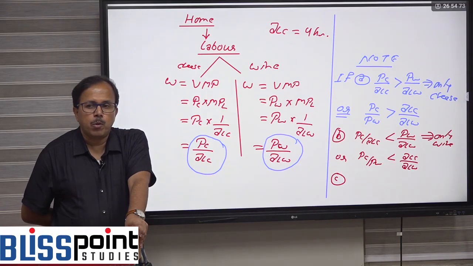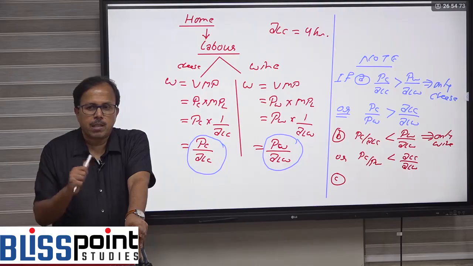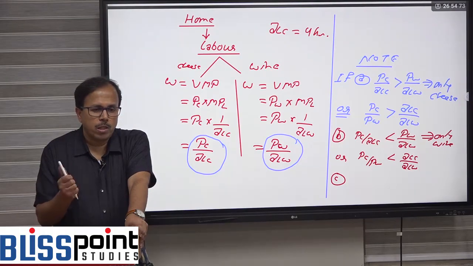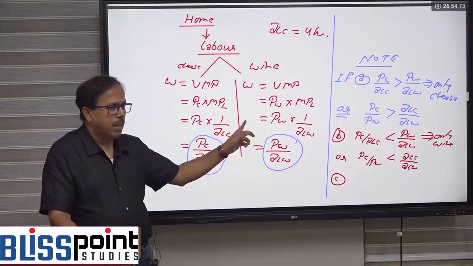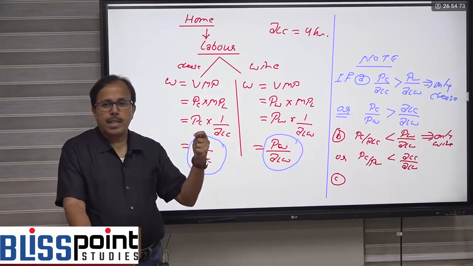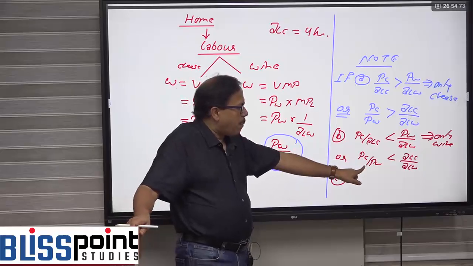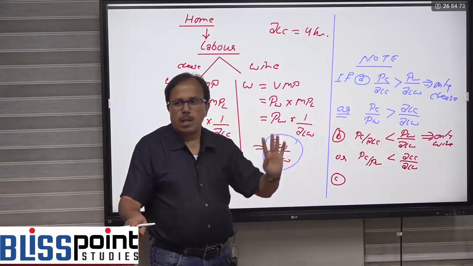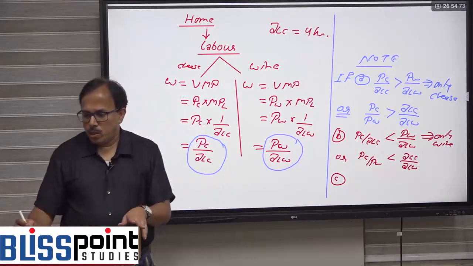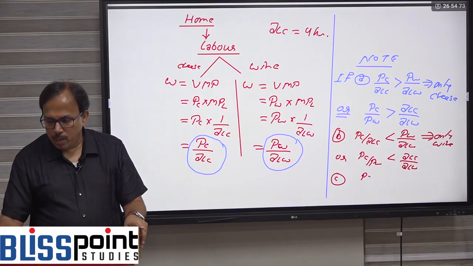And when the country can produce both goods, when labor will go to both sectors, they get the same wage in both sectors, so the wages must be equal. So without trade what will happen? PC by PW must be equal to what? ALC by ALW. So the third possibility is that PC by PW must be equal to ALC by ALW.